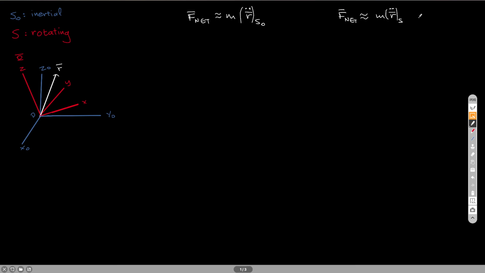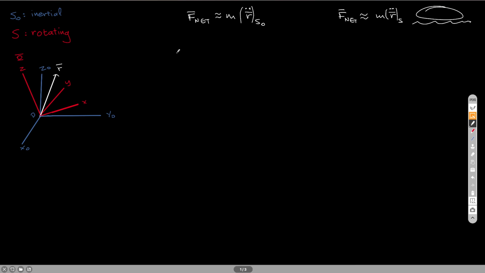Of course, I anticipate that there will be some mathematical terms I have to add here. Okay, so that's the goal of this work, to find what I need to add here to bring Newton's second law into this form, where I'm differentiating not in the inertial frame of reference, but in the rotating frame of reference.